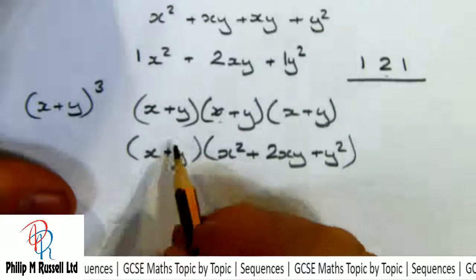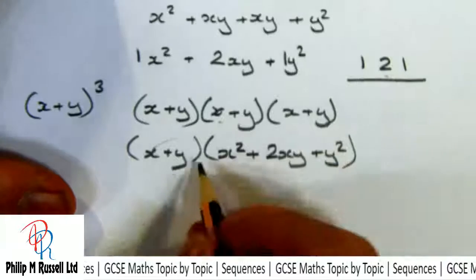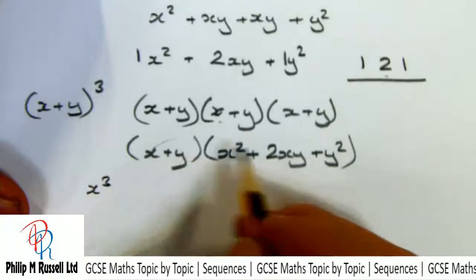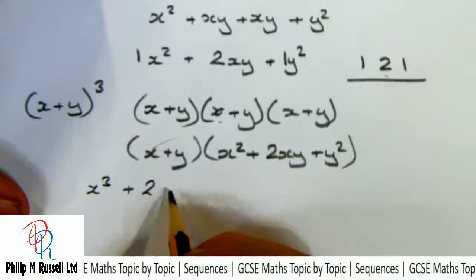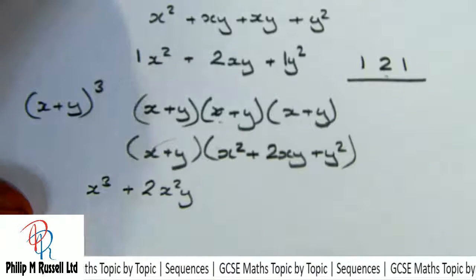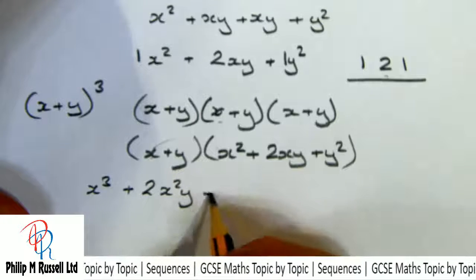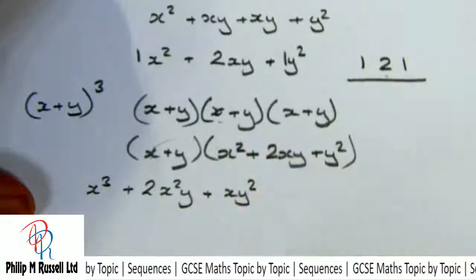Let's do this. Let's multiply each one by x and then each one by y. We get x cubed. X times that is going to give me plus 2x squared y. And then I'm going to get plus xy squared.